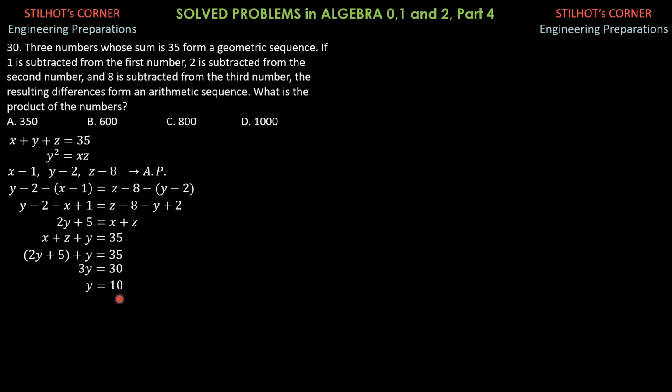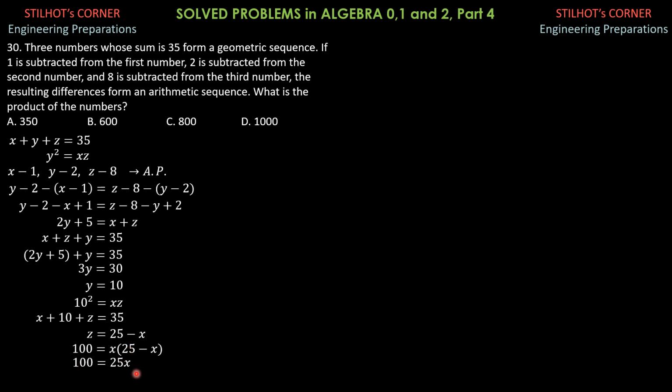Having found y is 10, we substitute it here. 10 squared equals xz, and z comes from here. y is 10, so z is 35 minus 10, which is 25 minus x. Substitute here: 100 equals x times quantity 25 minus x.